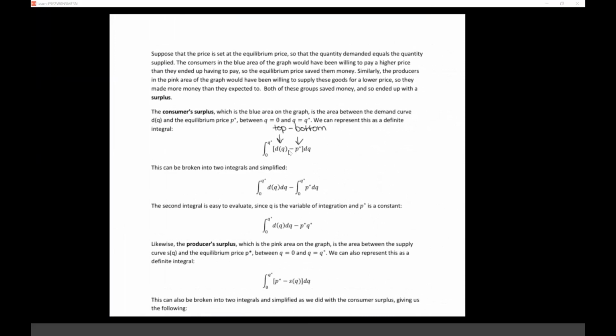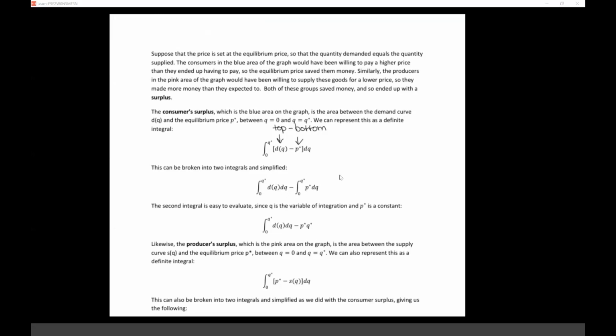Now, since you've got two separate terms here, you can split this up into two separate integrals. You can integrate the demand curve with respect to Q and integrate P star with respect to Q. This is a super easy integral to evaluate because P star is a constant. If you integrate this with respect to Q and evaluate it at Q star, you're going to just get minus P star Q star.